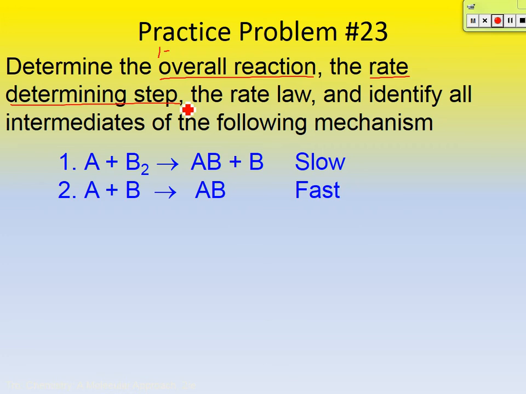Number 3, tell me the rate law for the overall reaction. And number 4, identify all intermediates in this reaction. So I want those 4 things answered on practice problem number 23.